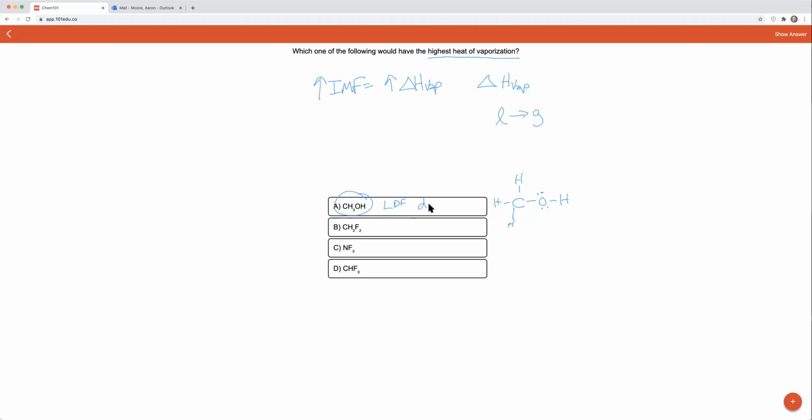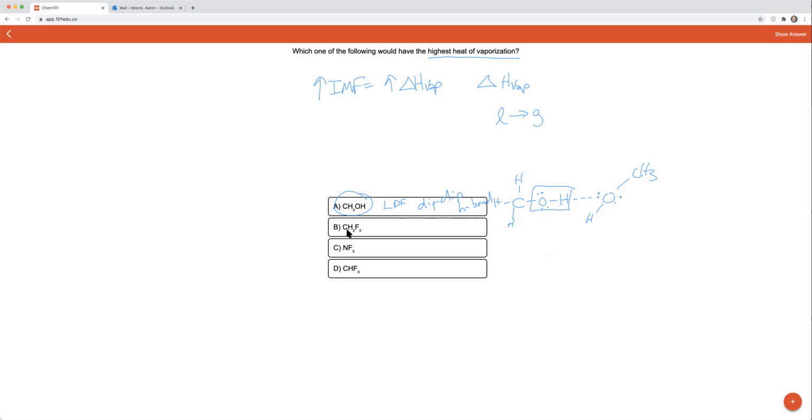So this also has dipole-dipole. And again, we've got the hydrogen bonding there, because you've got a hydrogen that's connected to an oxygen. And so it could have that hydrogen bond with the oxygen on another molecule of methanol that's nearby. That hydrogen is attracted to that lone pair of electrons on an adjacent oxygen. So that's a hydrogen bond right there.